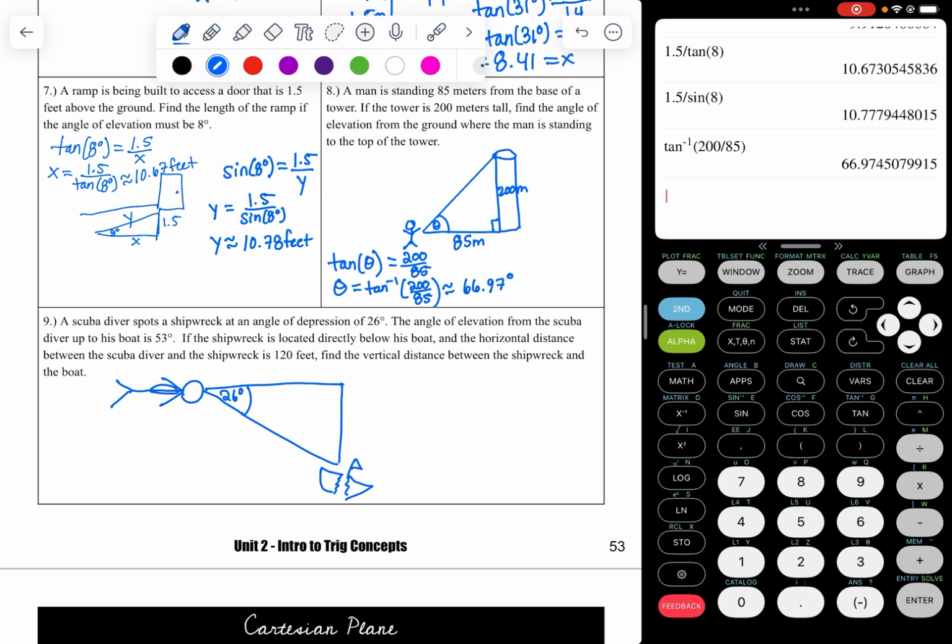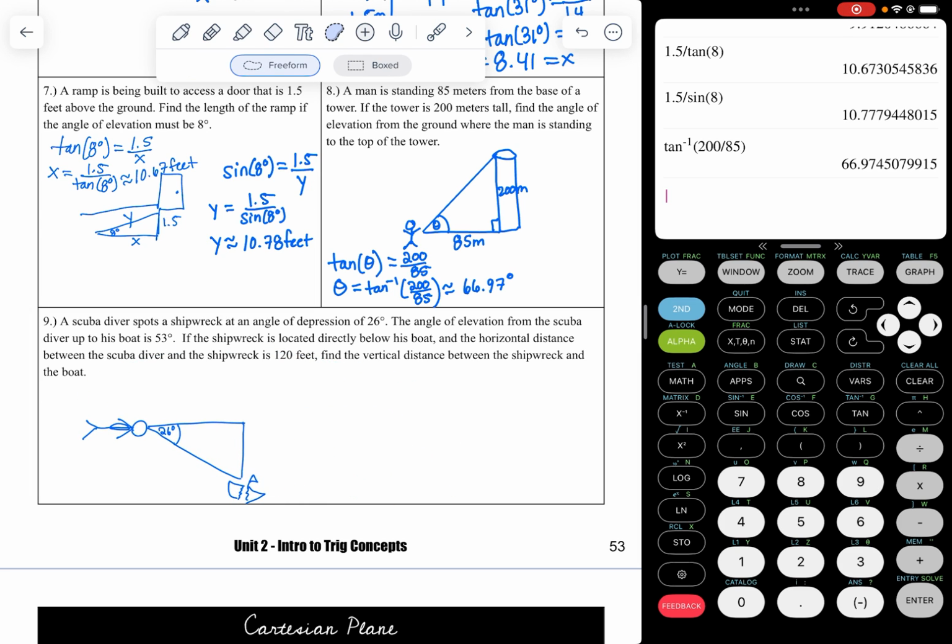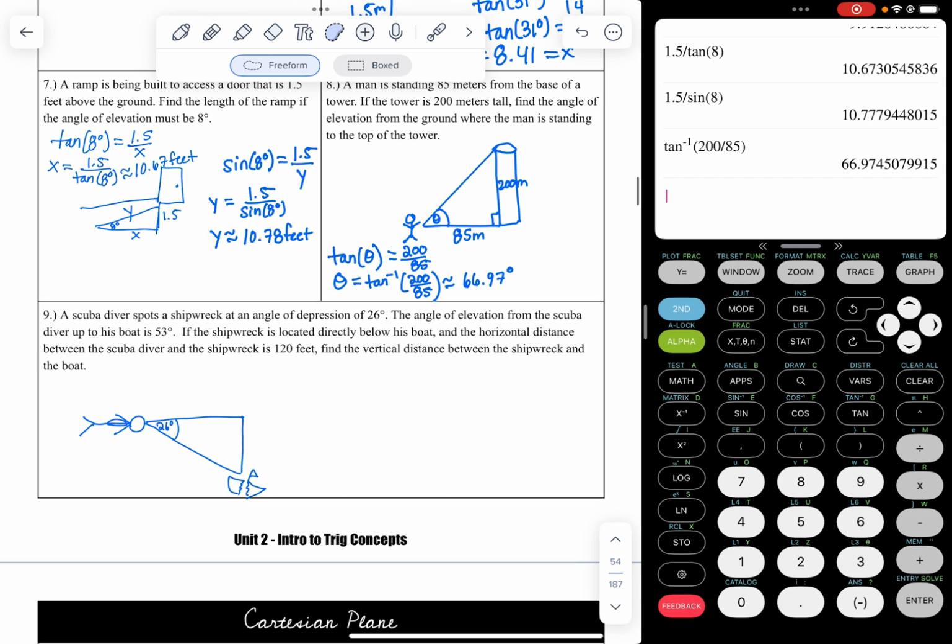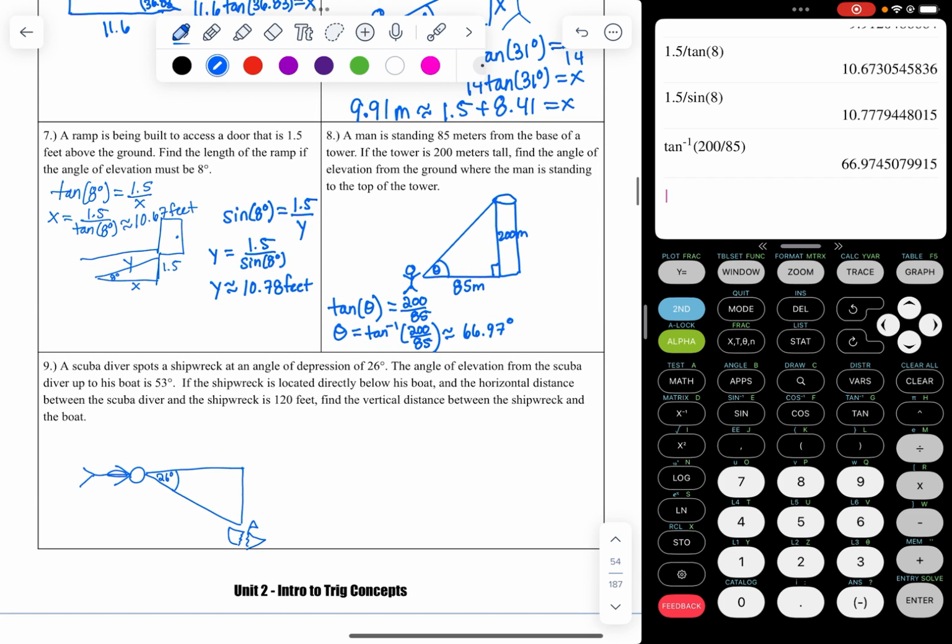The angle of elevation from the scuba diver up to his boat is 53 degrees. I did not leave myself enough room, so let me shrink that down. Okay, so then angle of elevation up to his boat, so this one is 53 degrees. So up here is his ship to take him home.